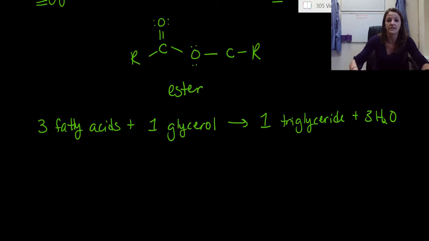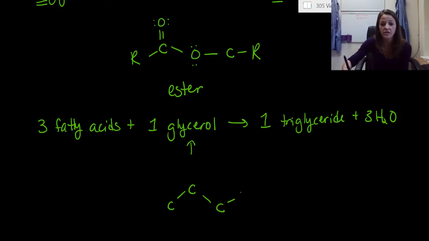Now, let's start off by talking about a glycerol. So glycerol is a very, very unique molecule. It's very simple. You have a carbon that's attached to another carbon, which is attached to another carbon. Now, each of these carbons have what are called an alcohol attached to it, so an OH. Anytime you see an OH like that, that is called an alcohol.